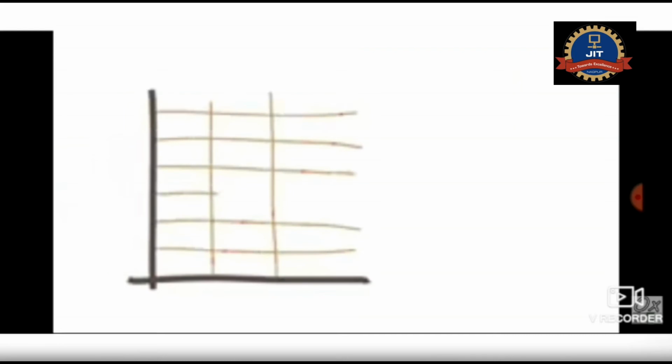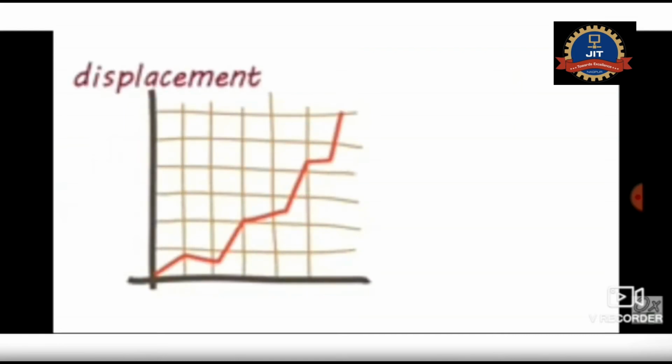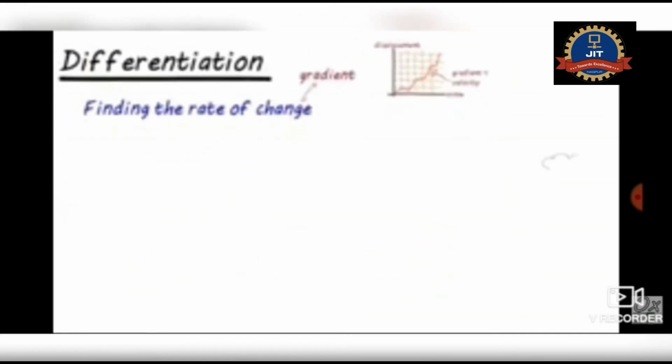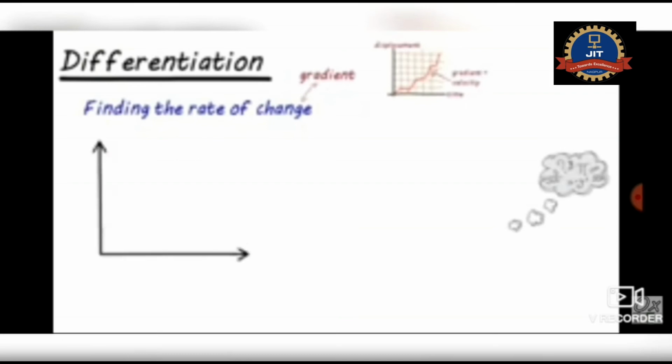So if we have a graph of displacement, the rate of change or gradient of displacement would be velocity. So how can we calculate rate of change or gradient of the function? If we draw the graph here and we have a straight line, then we will draw one triangle.